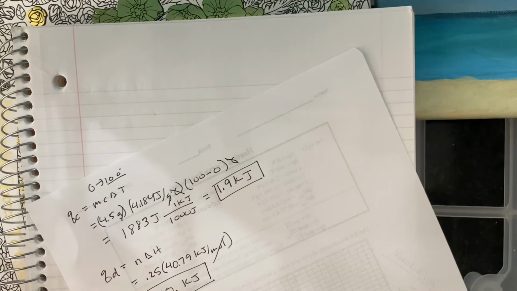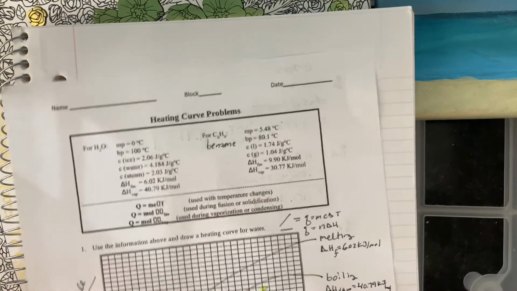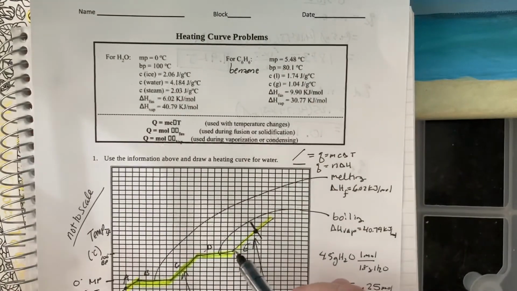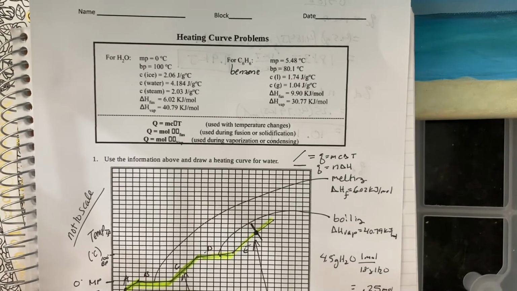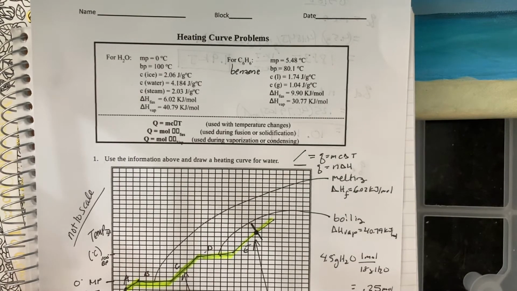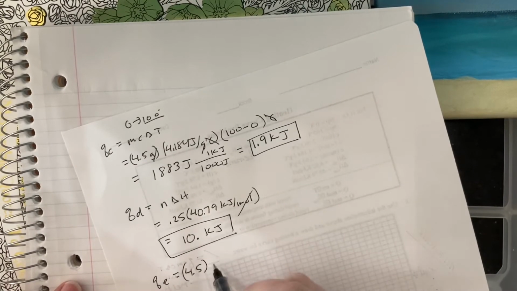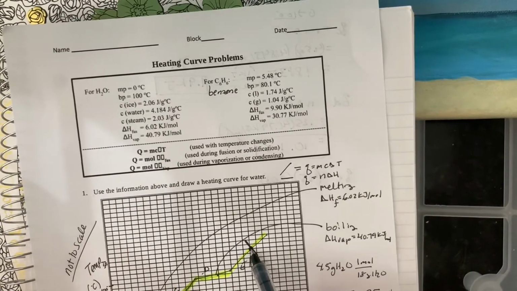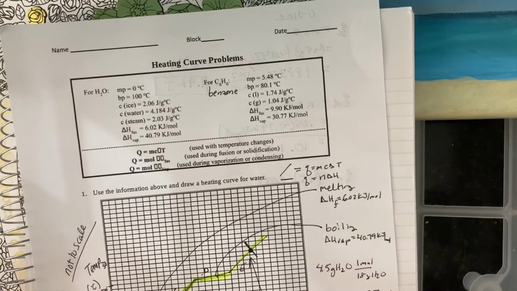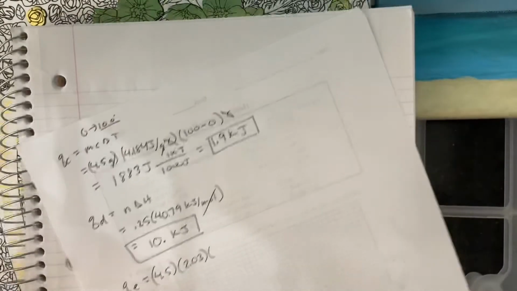And QE. Diagonal line, MC delta T. Okay, and I'm going to use this C value of 2.03. M is 4.5, C 2.03, delta T. What is my delta T? Well, I'm ending up here at my absolute endpoint of 120, and I started at 100.